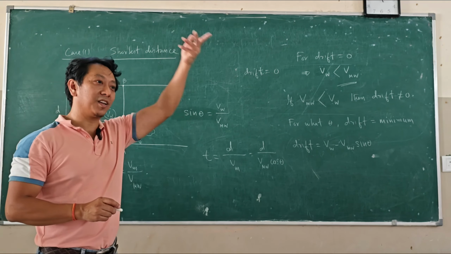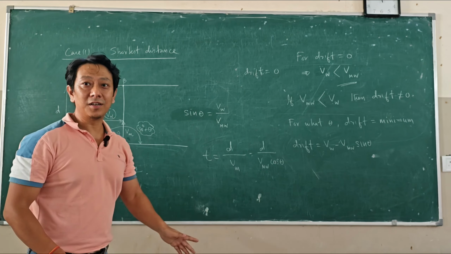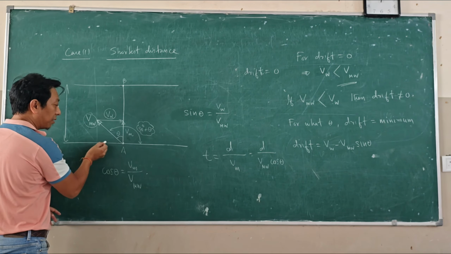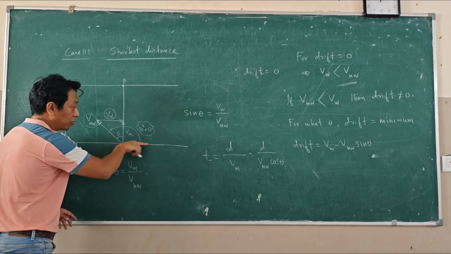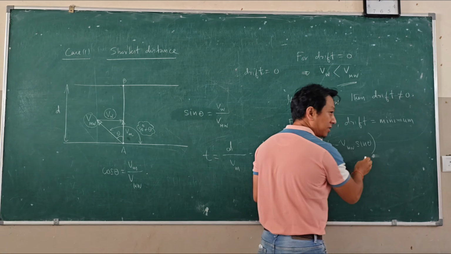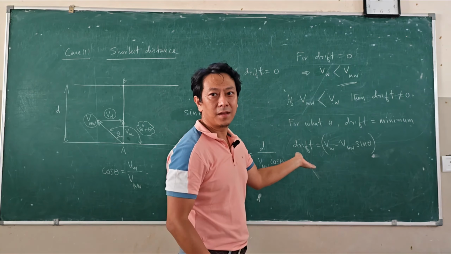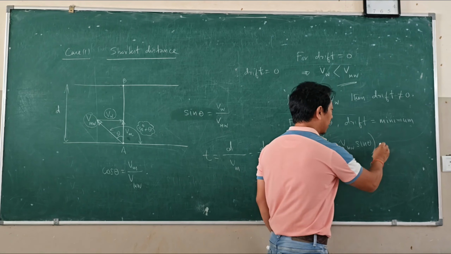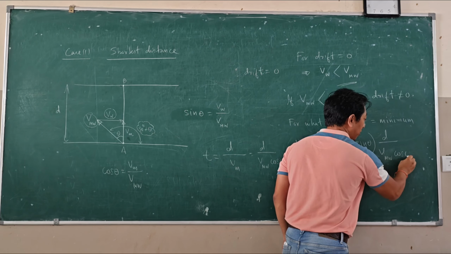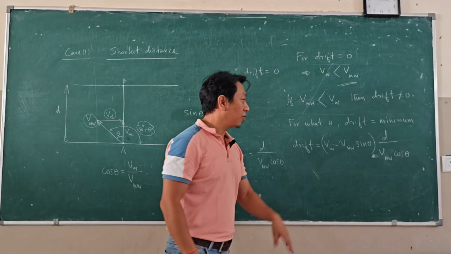You have to see the general case. In the general case, Vmw had one component, Vmw sin theta, opposite to Vw. So your resultant velocity along x is this, into t. Just 5 minutes back I did it. What was t? You check: d by Vmw cos theta. Right or not? So this is your drift.